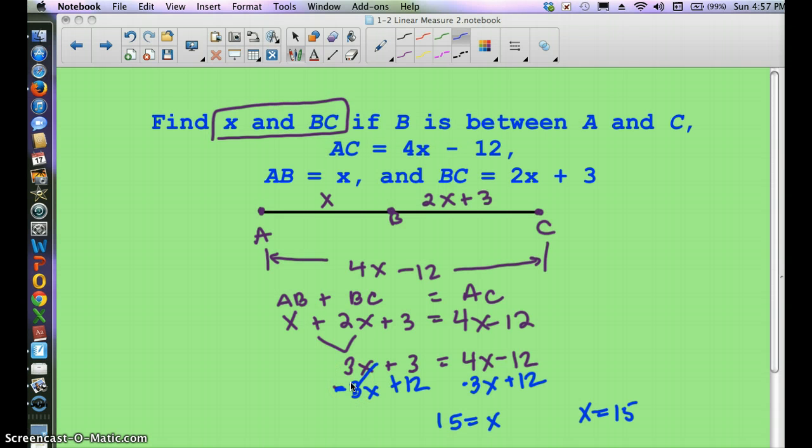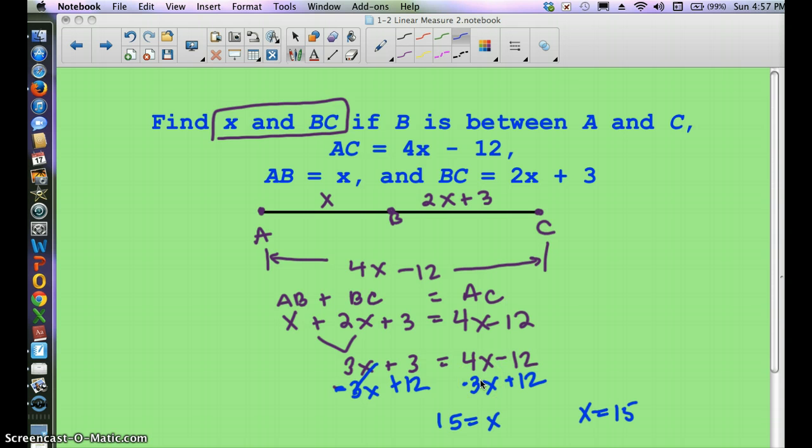Alright, so this is my setup. I went ahead and labeled A, B, B, C, and C. And I set up my algebra problem. So x plus 2x plus 3 equals 4x minus 12. I combine like terms, 3x plus 3 equals 4x minus 12.